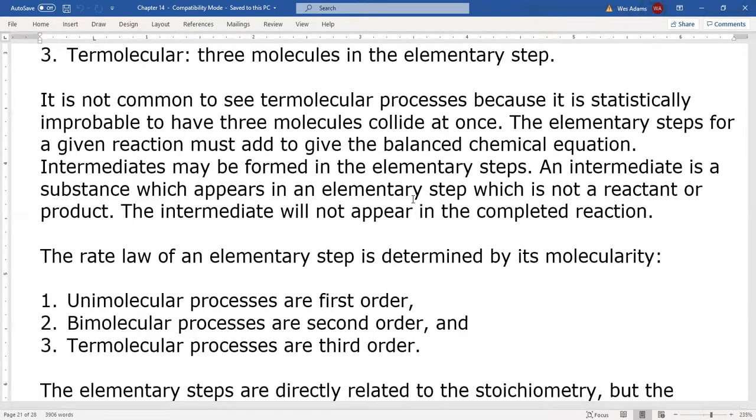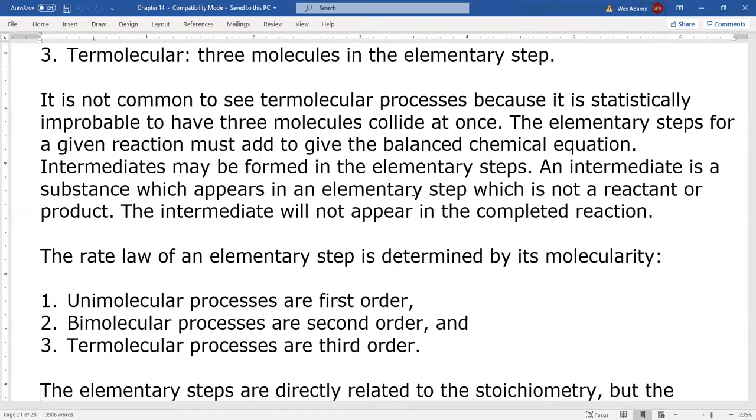Elementary steps must add to give the balanced chemical equation. The intermediates formed in the elementary steps have to cancel. That means it appears in the middle, but it's used up and is not a reactant or a product. And so unimolecular processes are first order, bimolecular processes are second order, termolecular processes are third order.